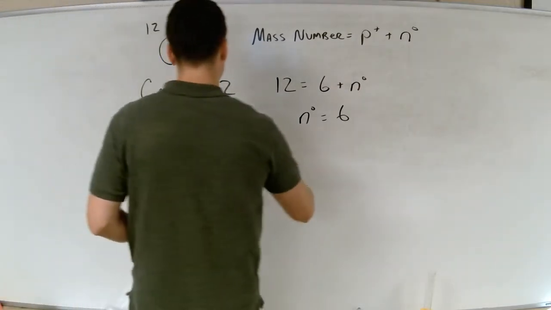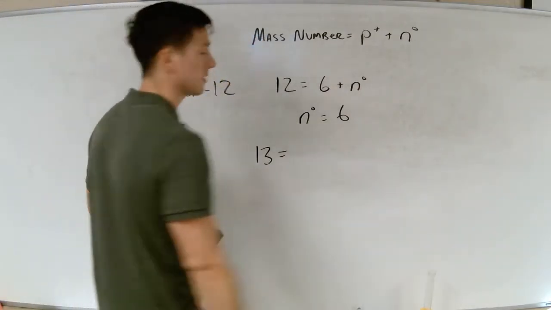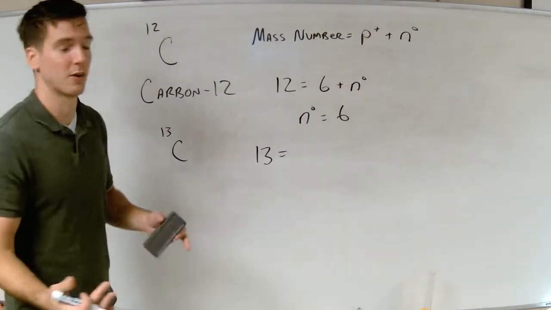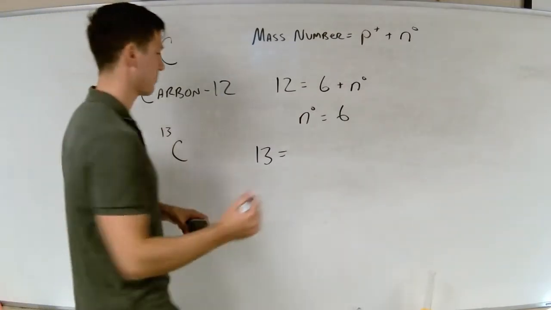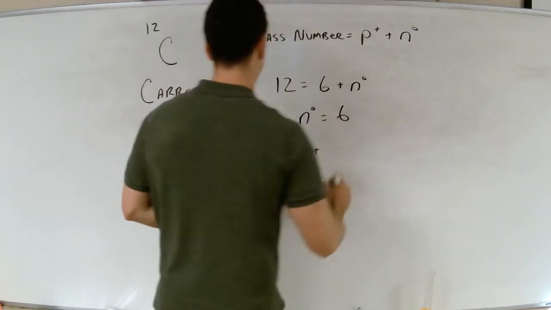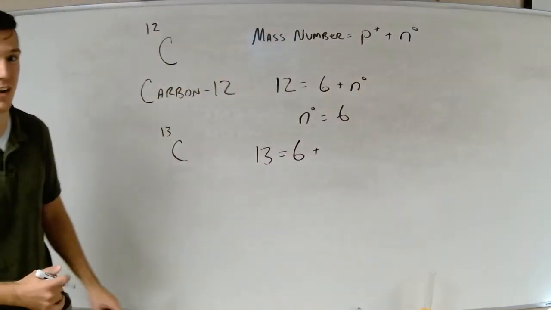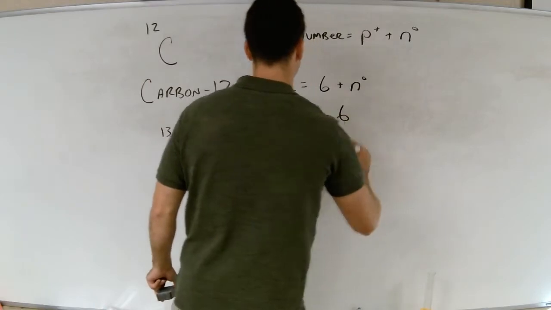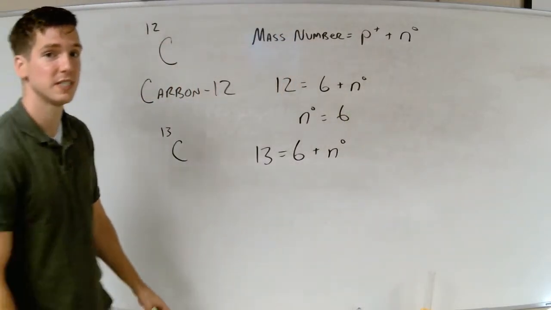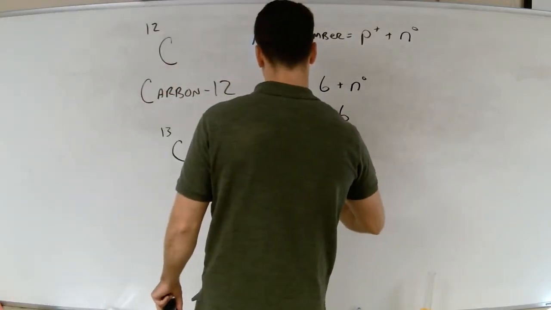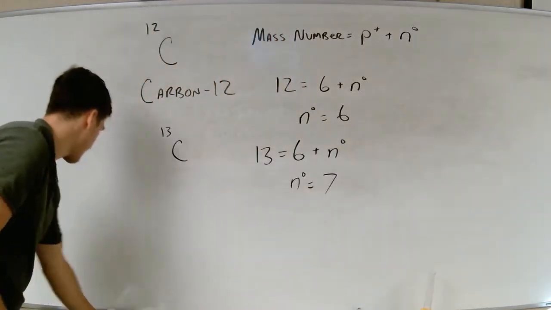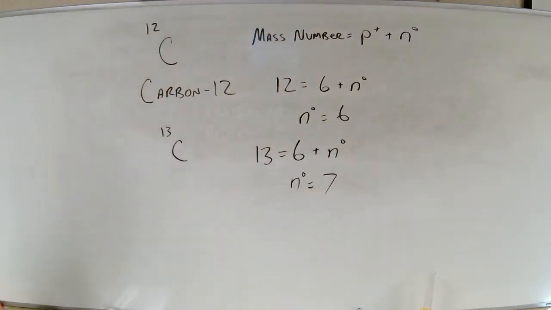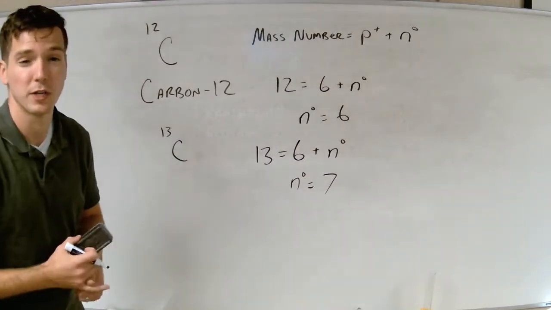Mass number is 13. It's still carbon, so still has the same number of protons, which is 6. But now the neutrons are different, right? What is that neutron going to have to equal? In order to make this true, it's going to have to be 7. Okay? So that is just the basics of proton-neutron discovery.